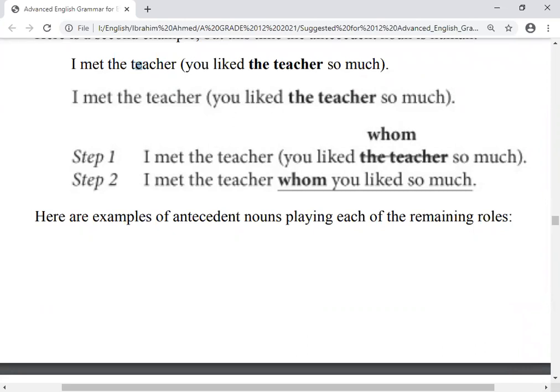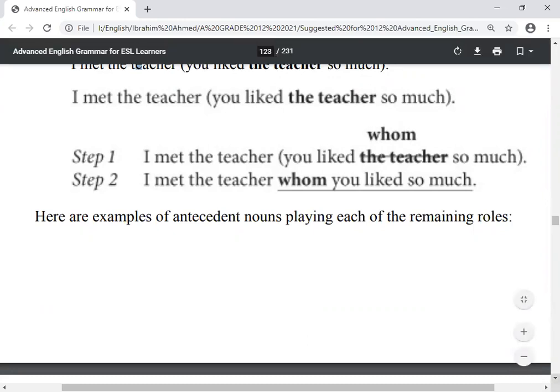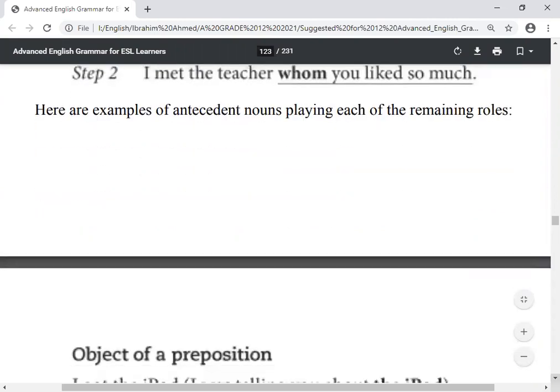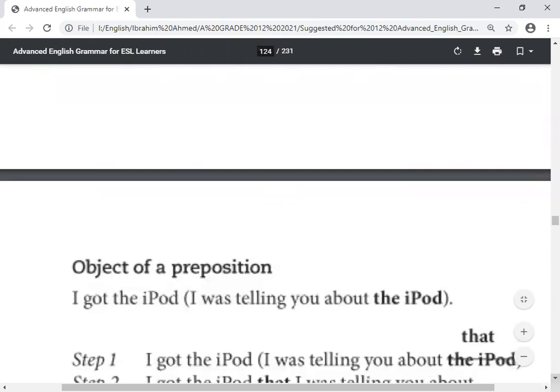Here are some examples of antecedent nouns playing each of the remaining roles. Again, we are talking about the roles which don't include the subject, because when the relative clause begins with the subject, it normally comes at the beginning.